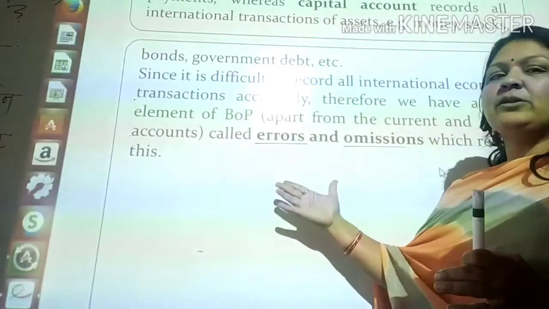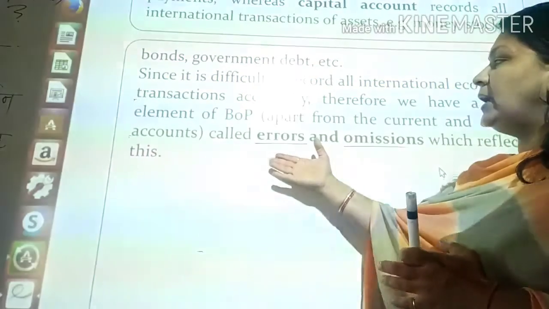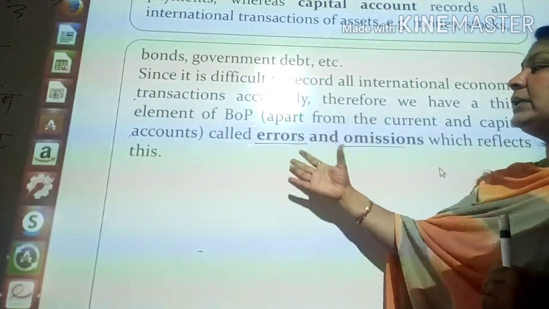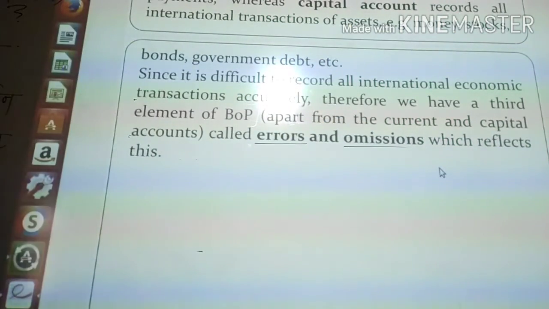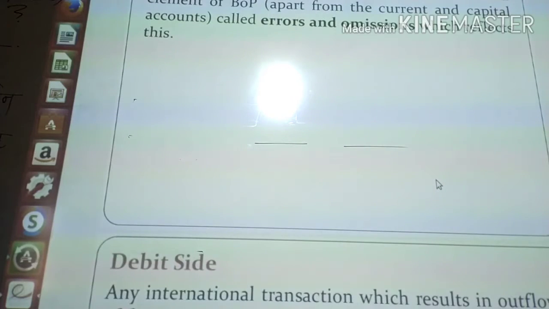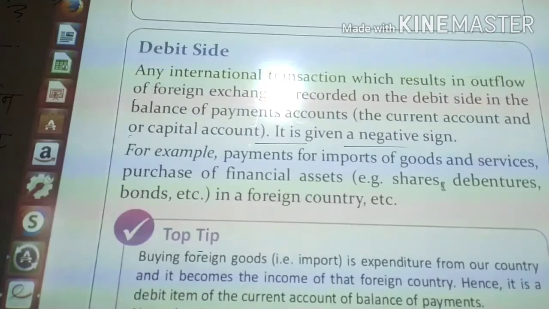So when we are facing this type of problem, we are using the third account. It is called the error and omission account.